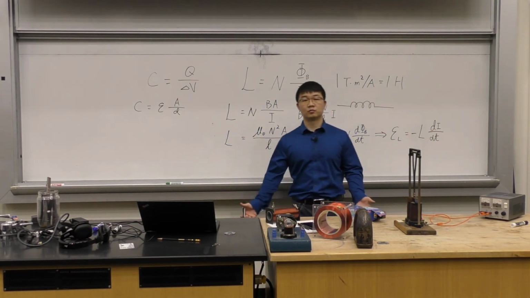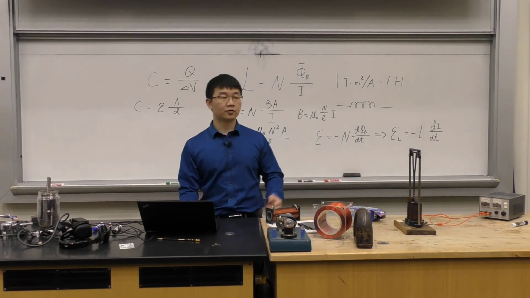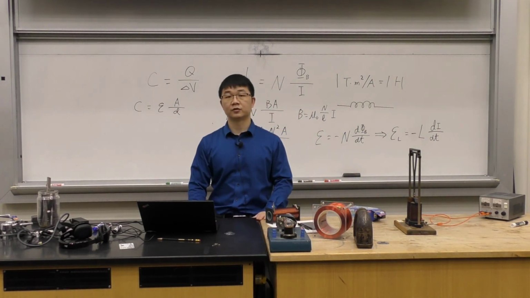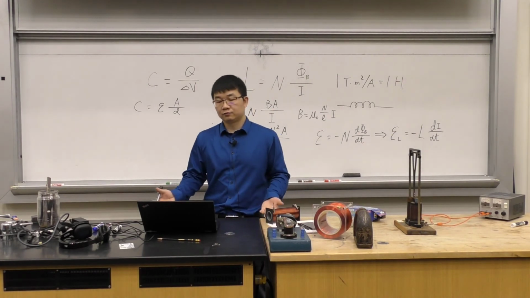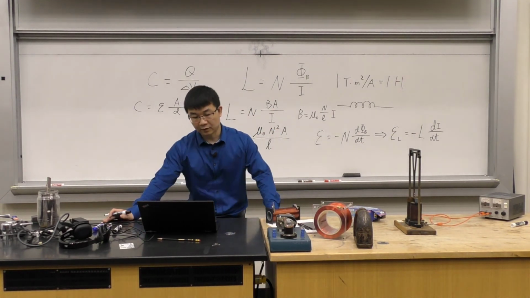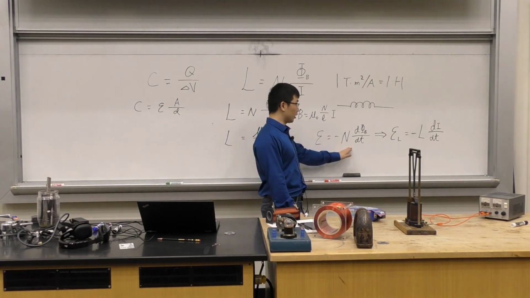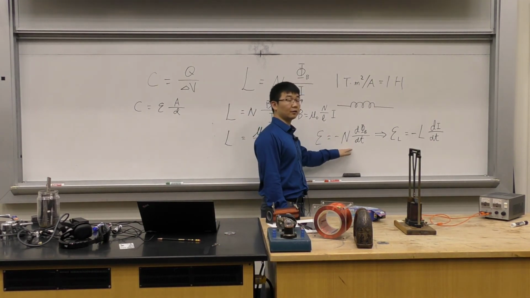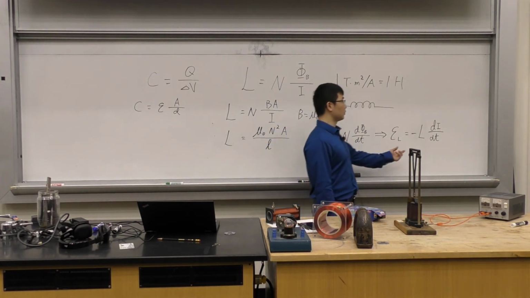Current is very easy to measure, right? So the current goes from 3 amps to 5 amps. We have very good device to measure current. We don't have device to measure magnetic flux, right? So instead of using this general definition, you can always use this to calculate any induced EMF, induced voltage, right? But for a solenoid, this is much easier.